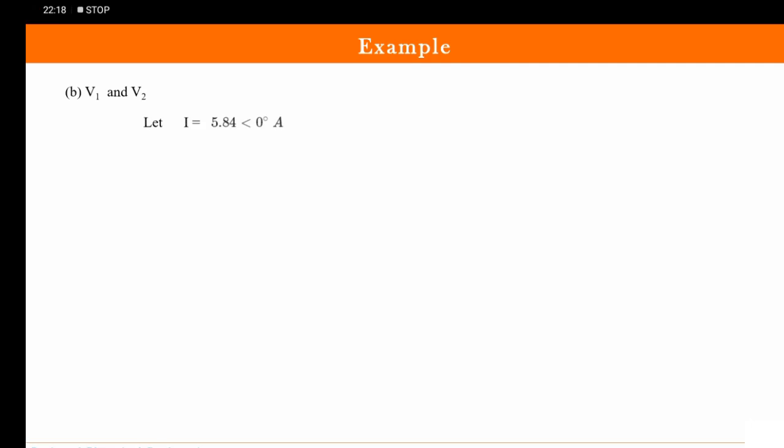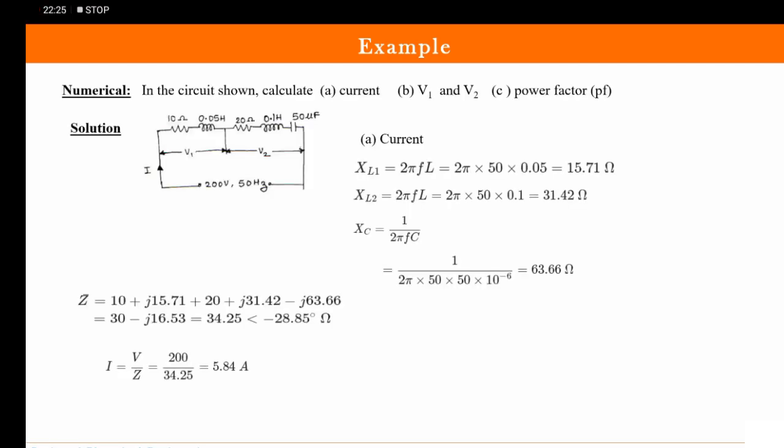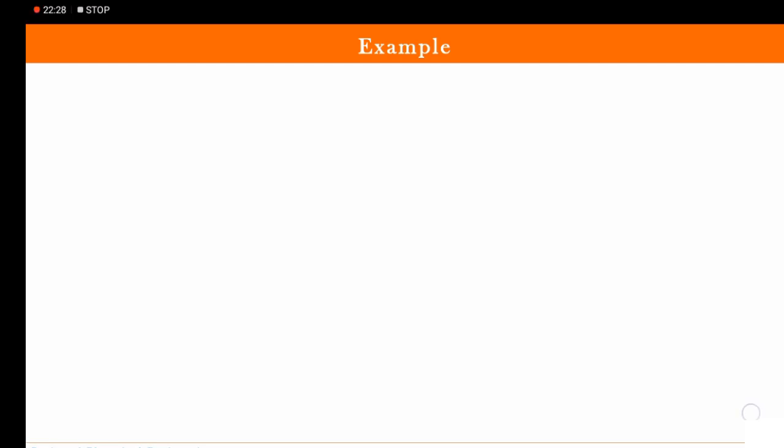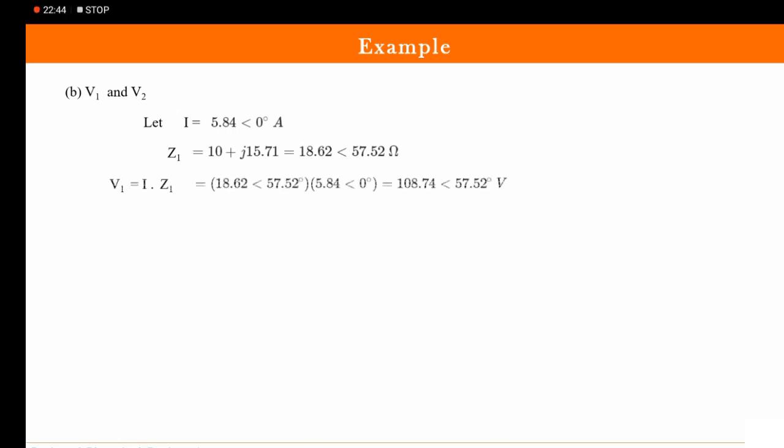Now V1 and V2. Okay, yes, so here we got the current 5.84, right? Yes, so here just to show that as a vector, we have shown the magnitude as this, and this was Z1. Z1 is a combination of R and L. So what is going to be V1? It is going to be again Ohm's law, I into Z1. So we will simply multiply it.